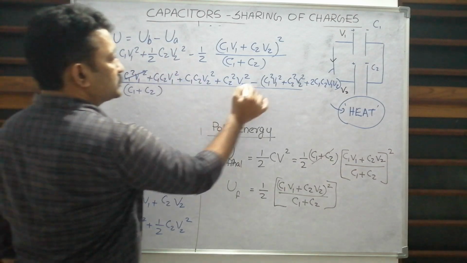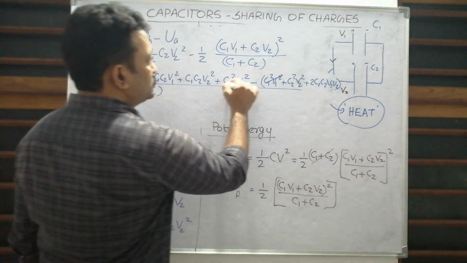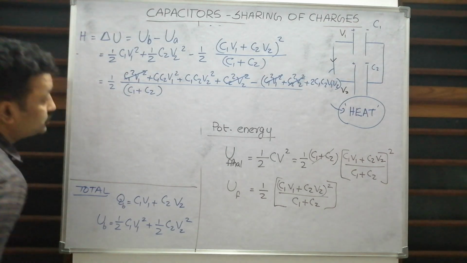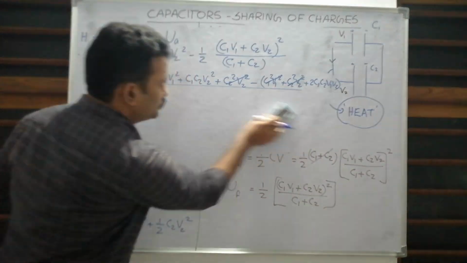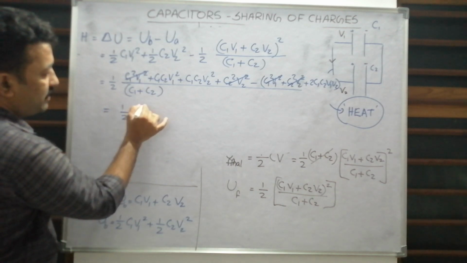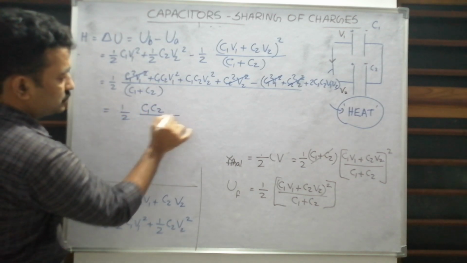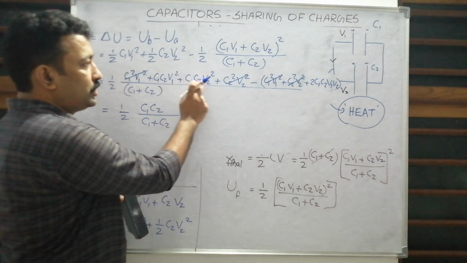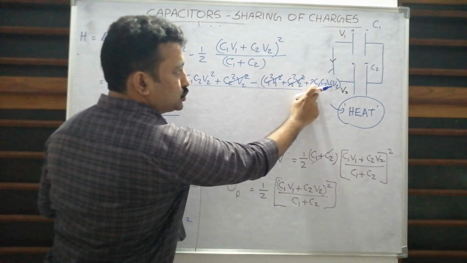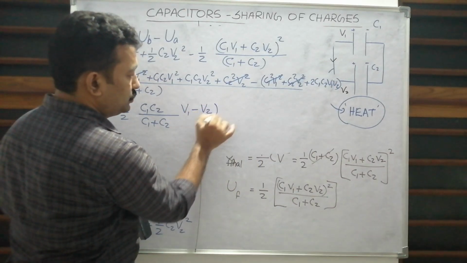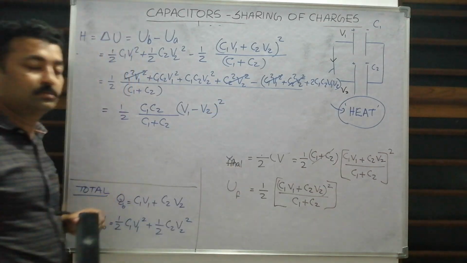C1 square V1 square and C2 square V2 square cancel. I can take C1 C2 as common from all the remaining terms in the numerator. So my expression will become half C1 C2 divided by C1 plus C2, times V1 square plus V2 square minus 2 V1 V2, that is V1 minus V2 the whole square.